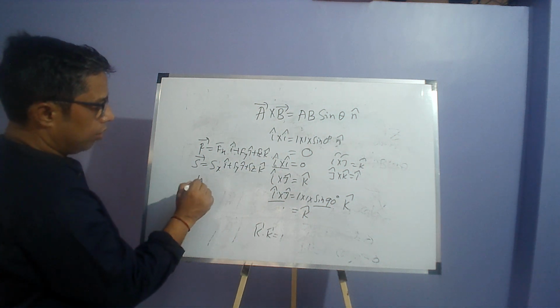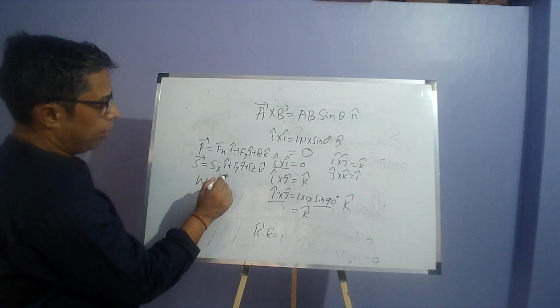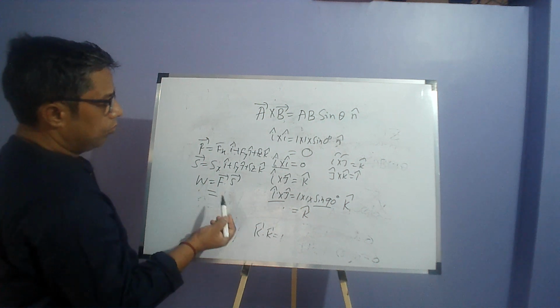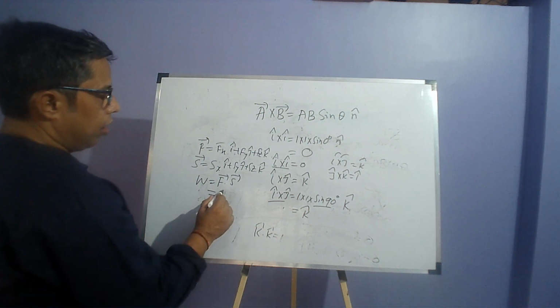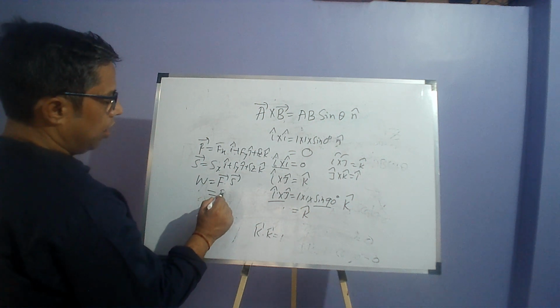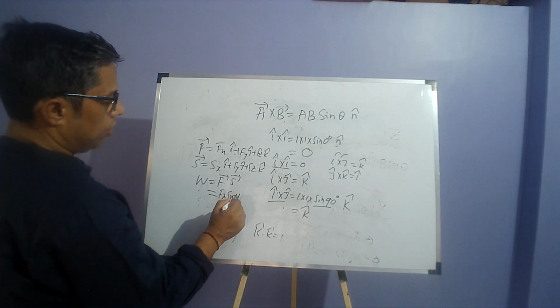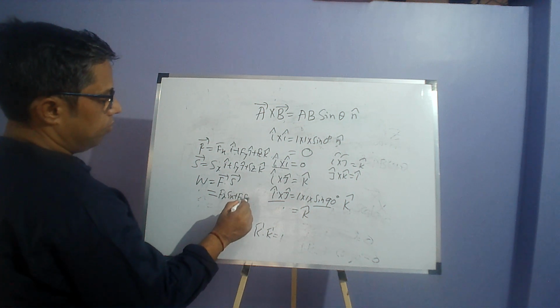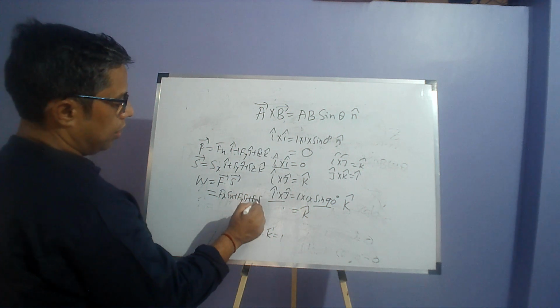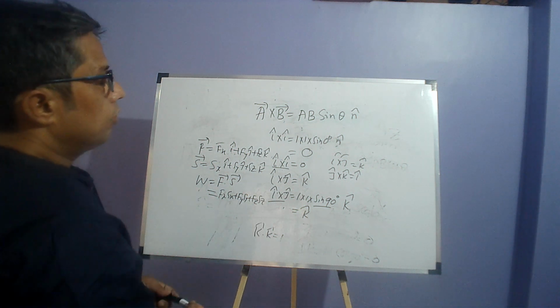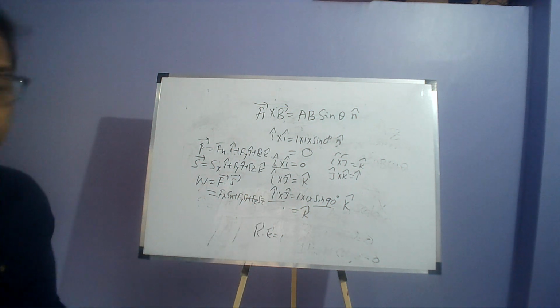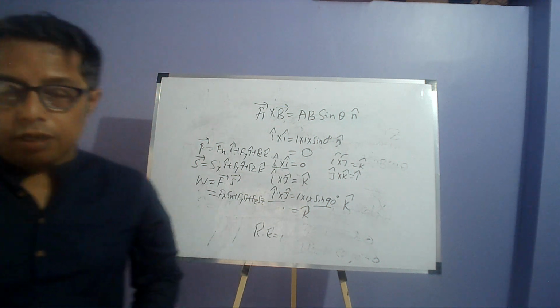Then if I take the work, it will be f vector dot s vector. So it will be a scalar output: fx sx plus fy sy plus fz sz. Okay. So next class I will be showing you the details of the product of vectors and scalars.